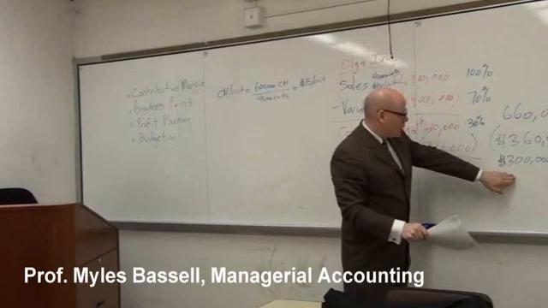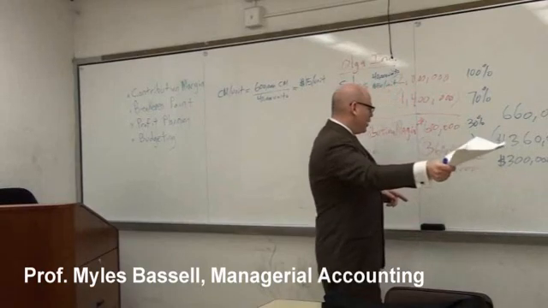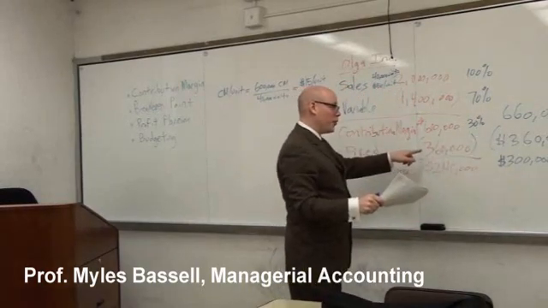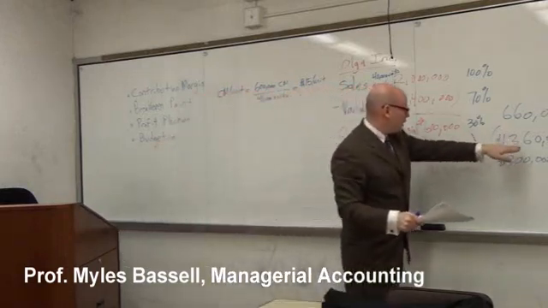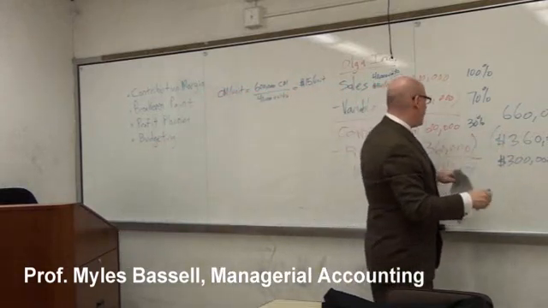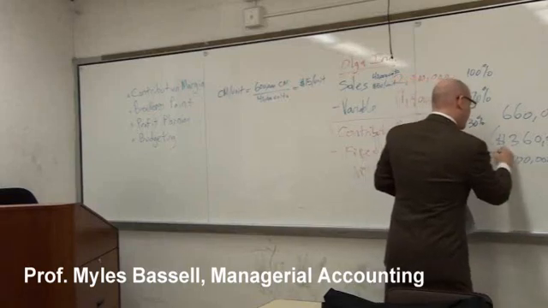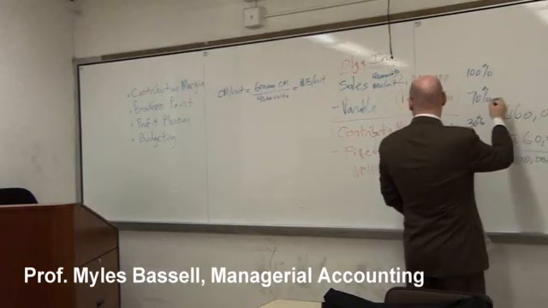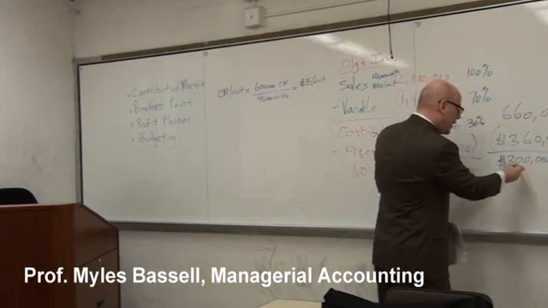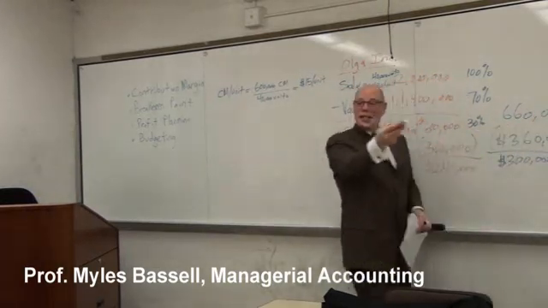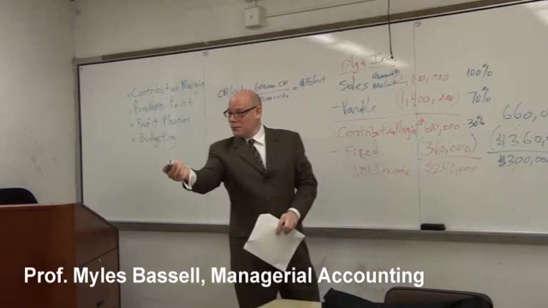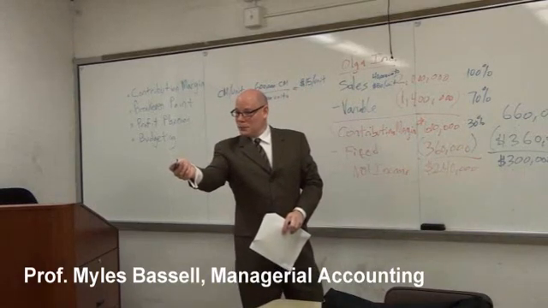We know that our target is 300,000, and Crystal said fixed costs are costs that are fixed, right? So that's 360,000, and if we subtract 360,000 from the contribution margin and get 300,000, that means that the contribution margin must be 660,000. Everybody follow?